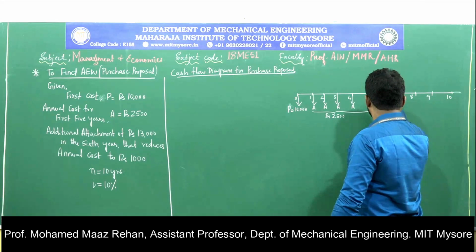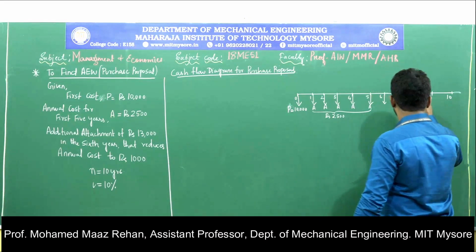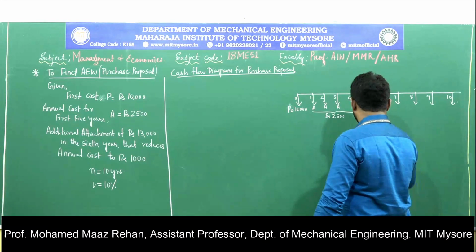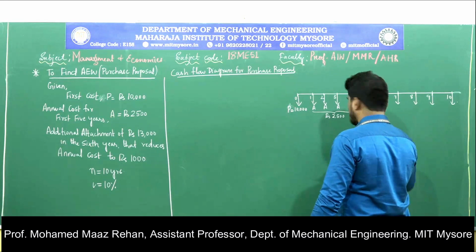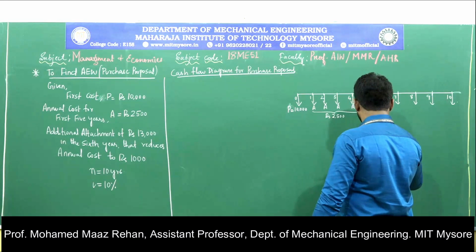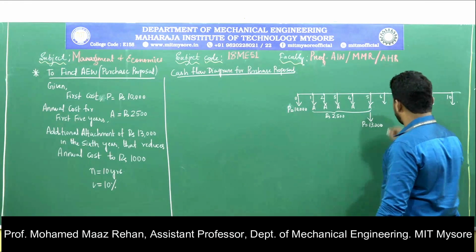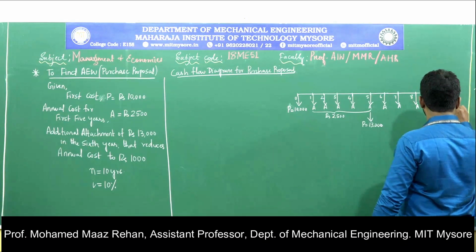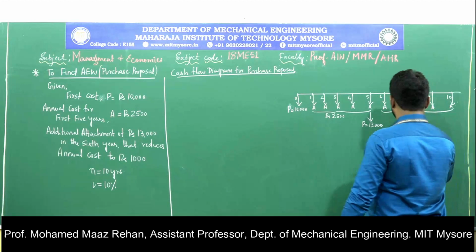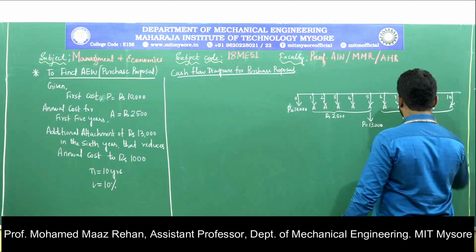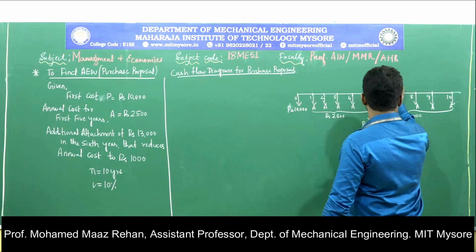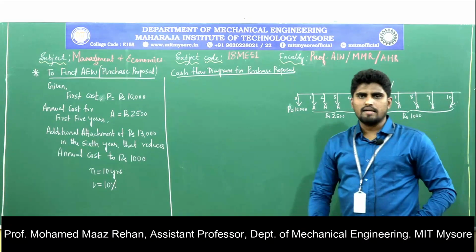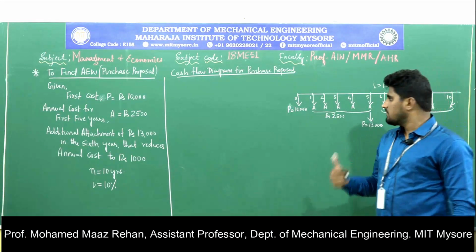So here the additional attachment is P, 13,000. After this additional attachment, the annual cost reduces to rupees 1,000. The rate of interest in the problem is 10%. We don't have any salvage value. So this is the cash flow diagram, correct?